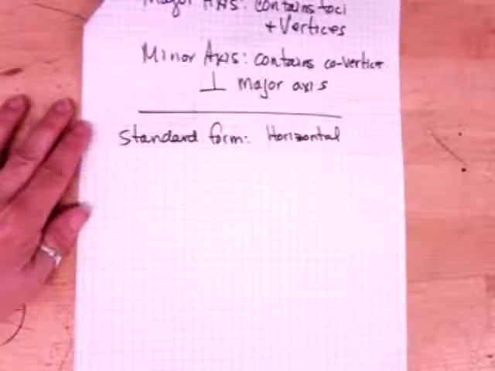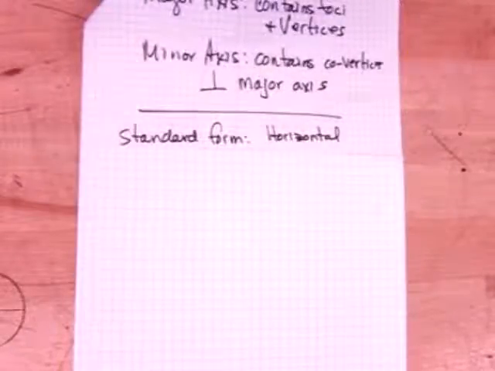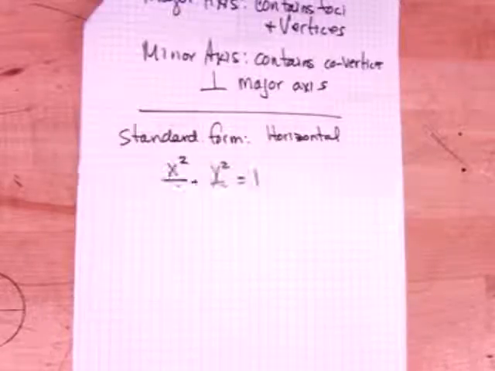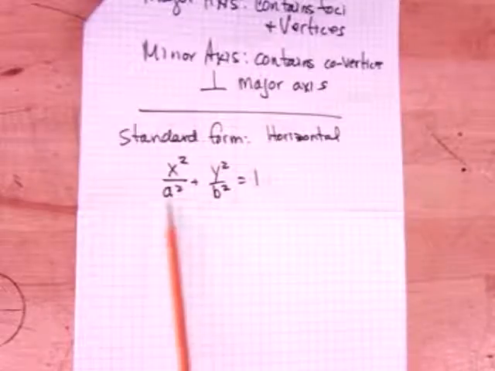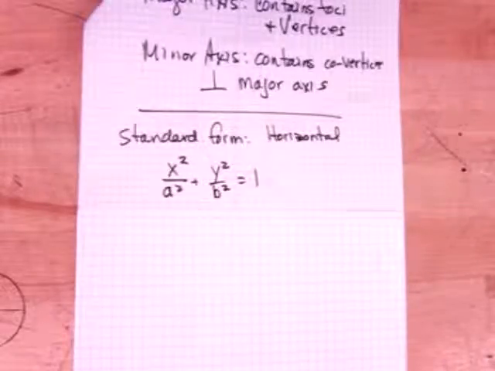So the standard form for the equation of a horizontal ellipse is this. It's x squared over a squared plus y squared over b squared. Does anybody remember where I got these a's and b's? Look in your notes. Look at the diagram.